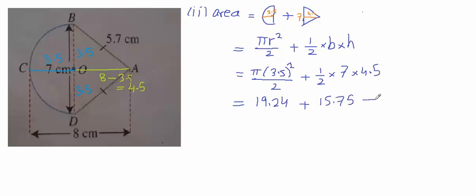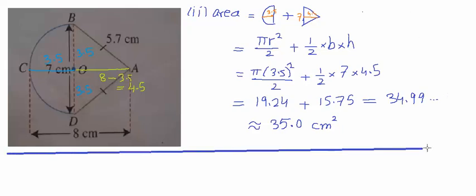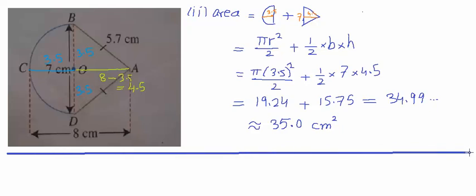When we add them we get 34.99 with some more decimals. If we round it to three significant figures, this is approximately 35.0, because adding 1 here makes 0 here and 35. So 35 square centimeters is the unit for the area. So this is this question. Now we'll see the second question.